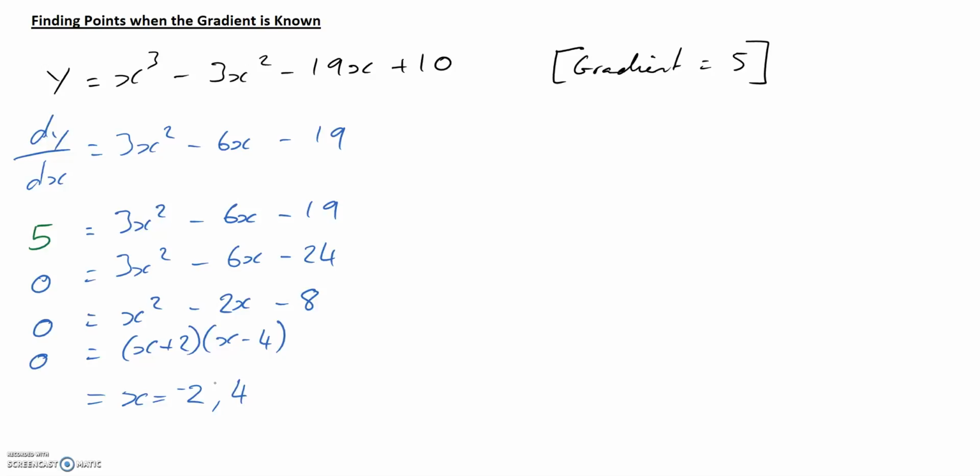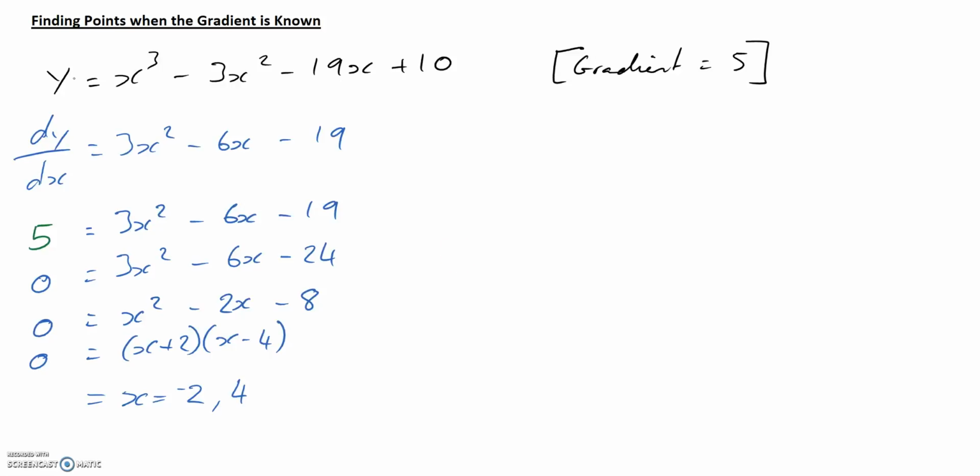So you can carry on doing this with any polynomial that you have. We have our x value. We could go ahead and then find our y values just by substituting in this x value into the initial function to solve what the y value is at those particular points. And we'll end up with 2 different points.